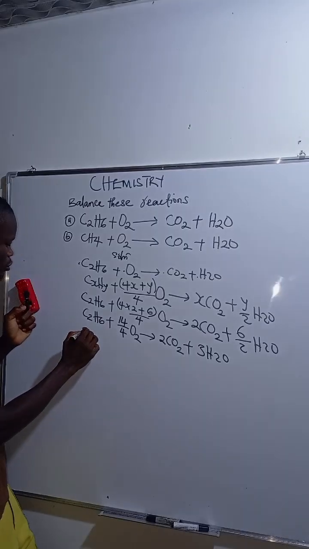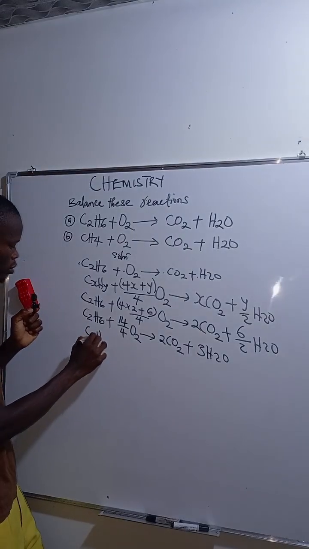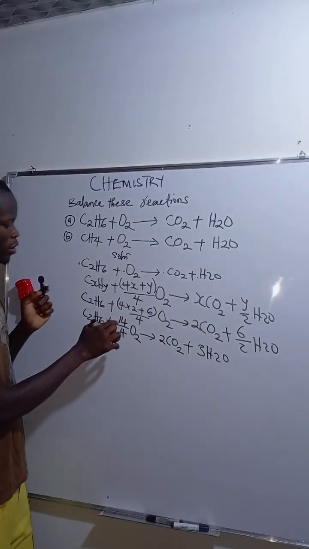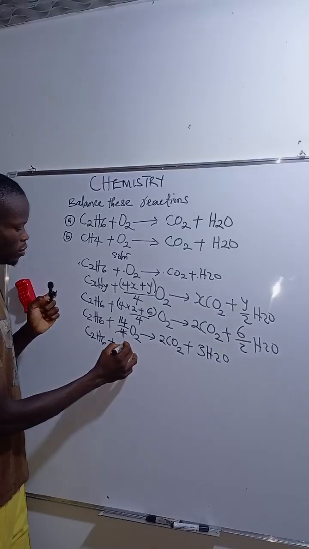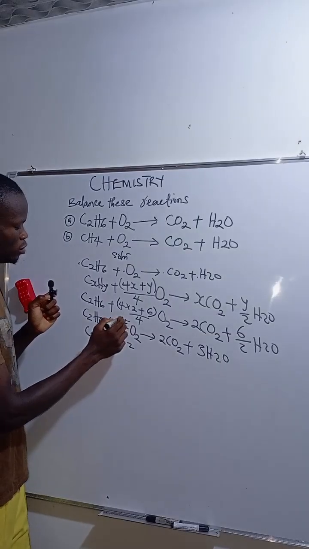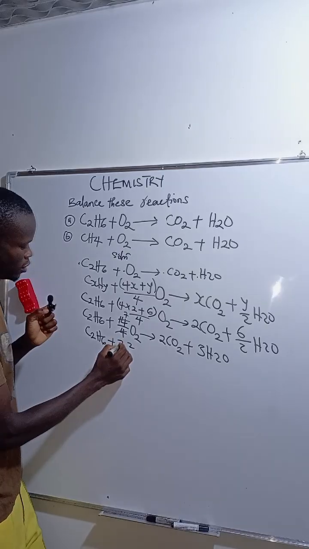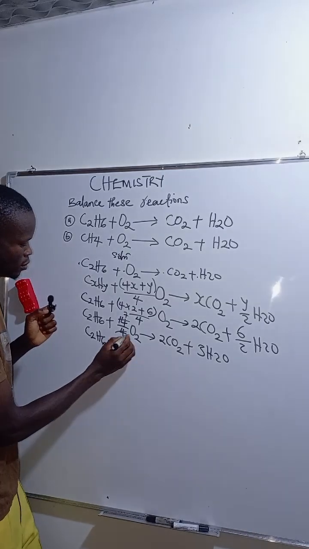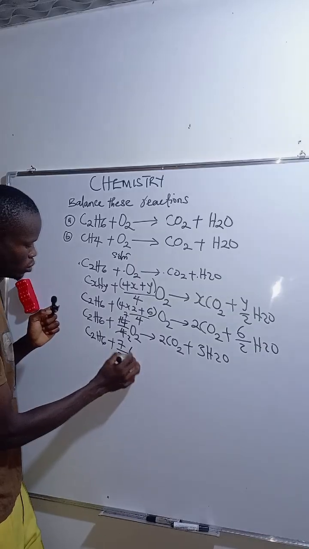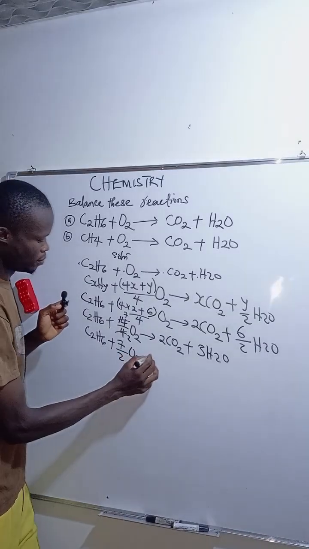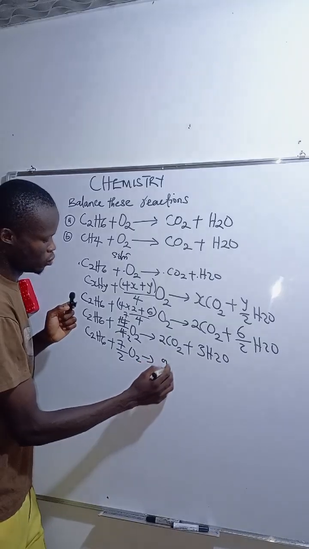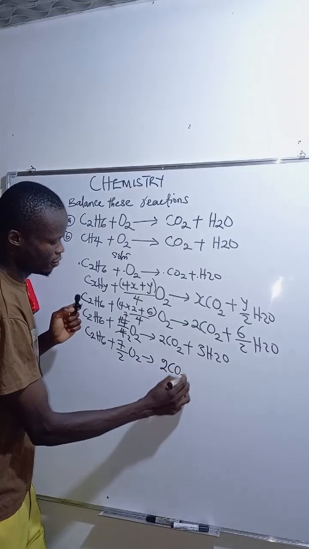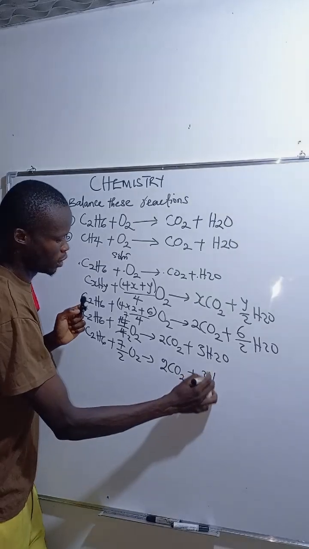So it will give you C2H6 plus 7 over 2 oxygen to give you 2 carbon dioxide plus 3 water.